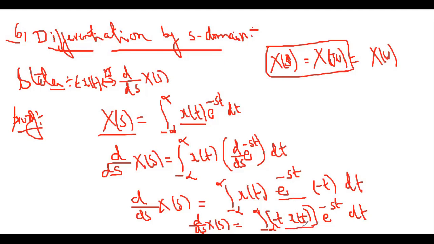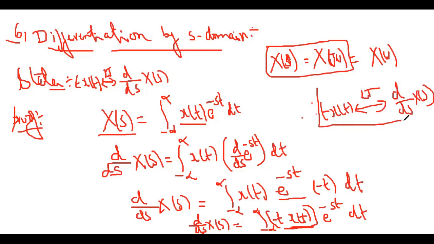Similarly, you can apply the Laplace transformation of t into x of t. Therefore, the Laplace transformation of t into x of t is minus d by ds of X(s). This is a Laplace transformation pair: t into x of t, and minus d by ds of X(s), the frequency term.